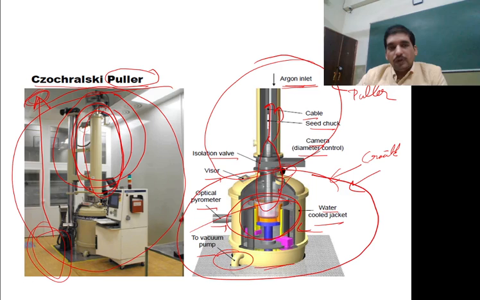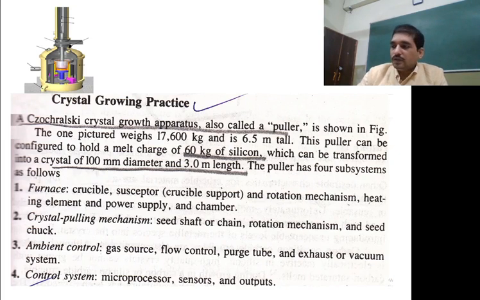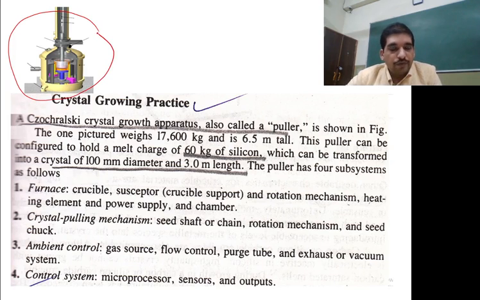So first of all, have an understanding of the size of this apparatus, and the length and width of the silicon ingot which you will form. As taken from one standard book, the Czochralski crystal growth apparatus, also called the puller, weighs about 17,600 kilogram, this much heavy, and is 6.5 meter tall.